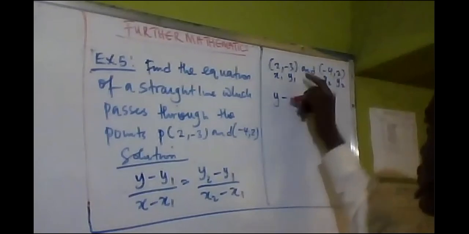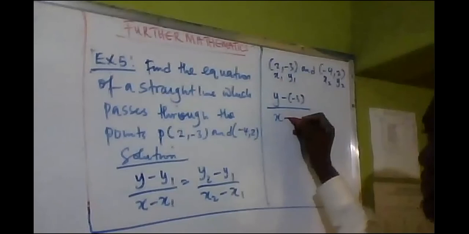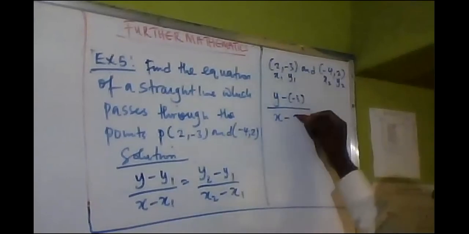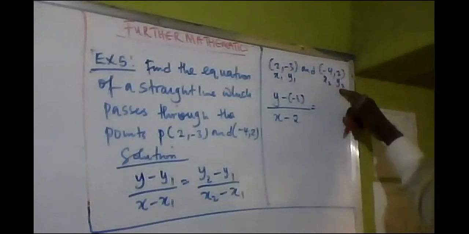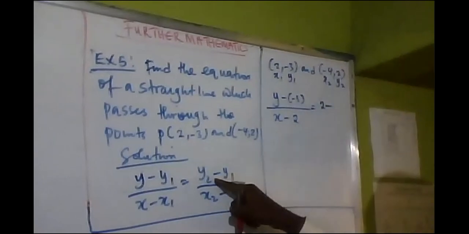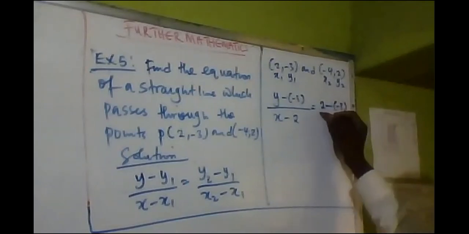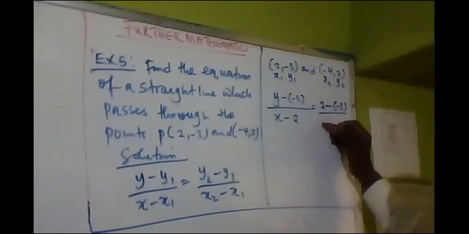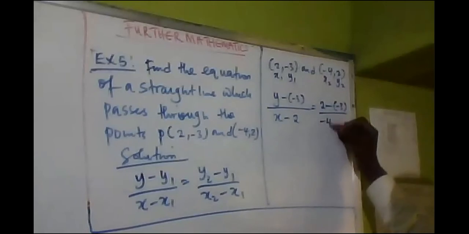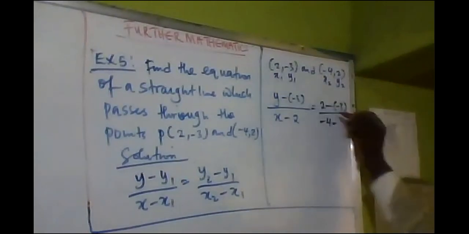So y minus, what is y1 here? Minus 3, all over x minus, what is x1? 2, equal to, now what is y2? 2, there's minus in your formula, then y1 is minus 3, over, then x2 is what? Minus 4, minus is in your formula, then x1 is what? 2.